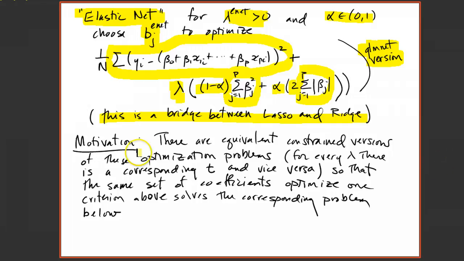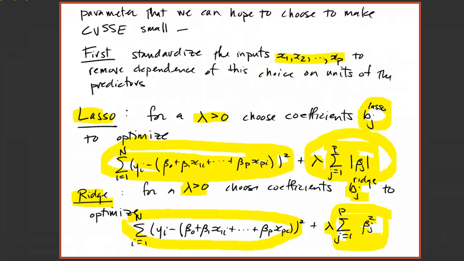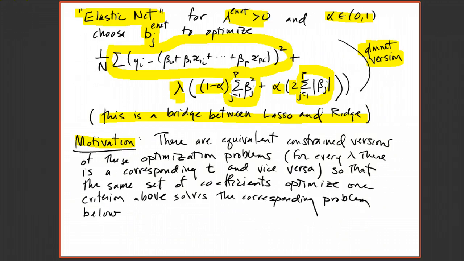The motivation here for this formulation is that there are these three optimization problems: lasso problem, ridge problem, and elastic net problem, are unconstrained optimization problems. Those unconstrained optimization problems have corresponding constrained versions that have some intuition behind them, and that's what I'm going to talk about next.